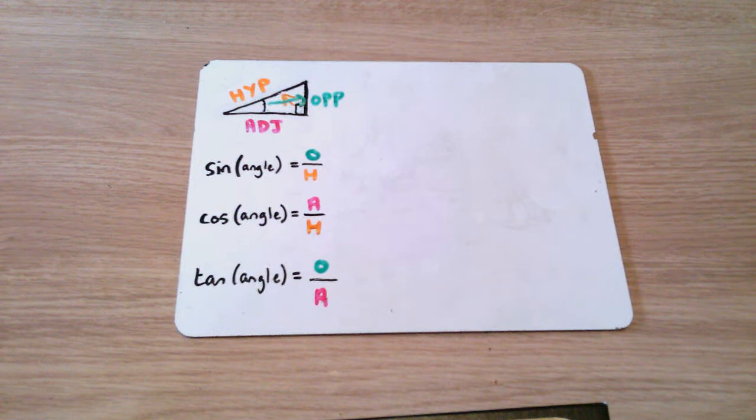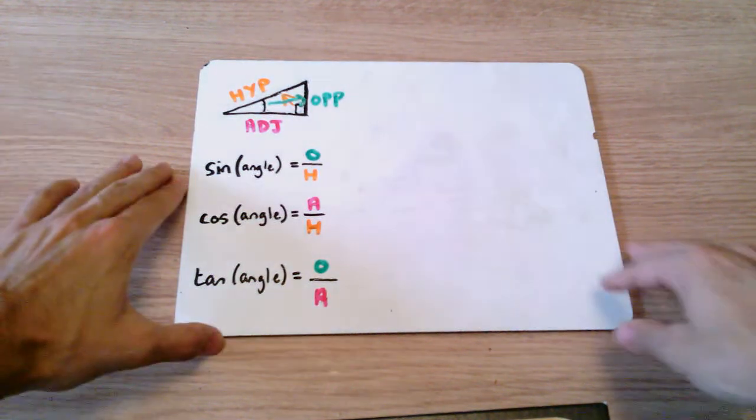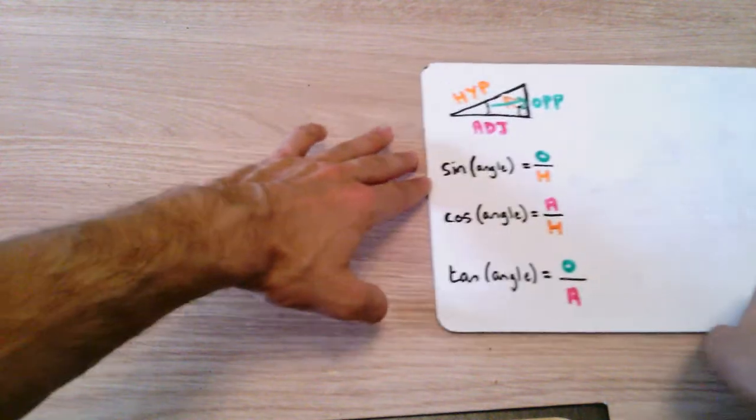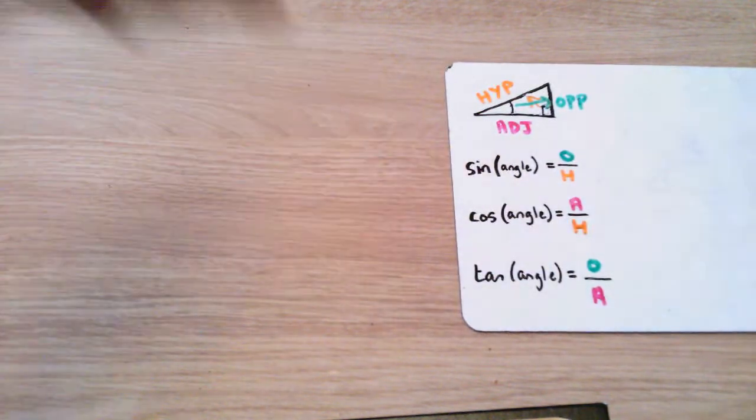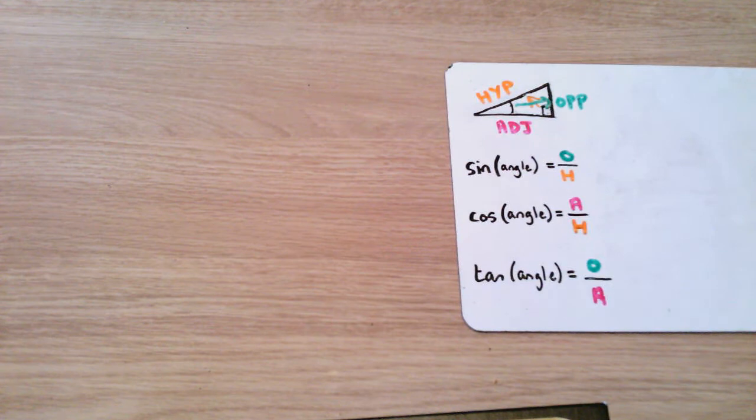When you come to your questions, you'll be using these lengths to enable you to figure out which formula you need to use. So I've got three questions coming up, all slightly different, but just to give you an understanding of how to tackle questions like this.